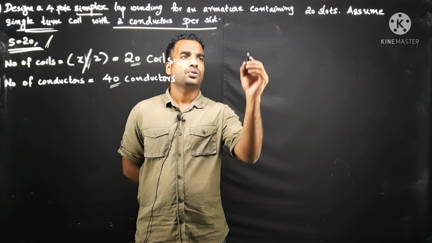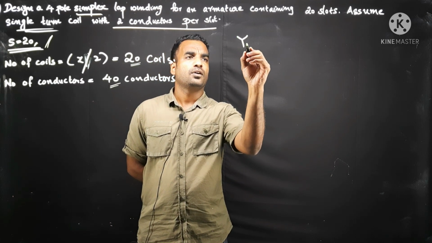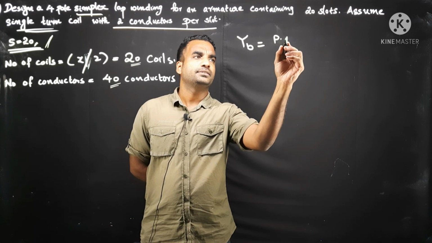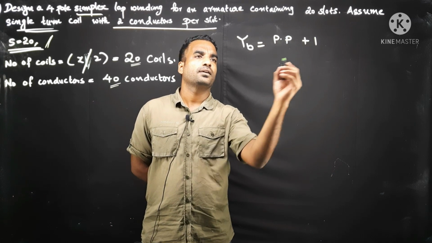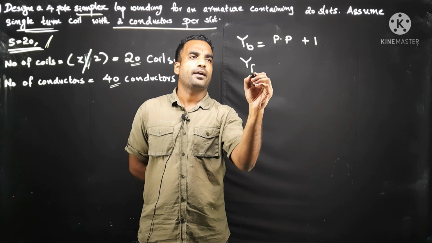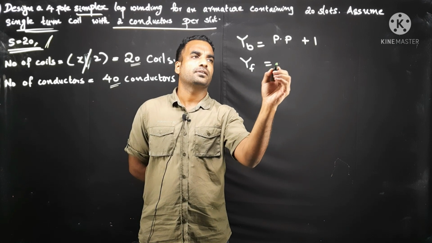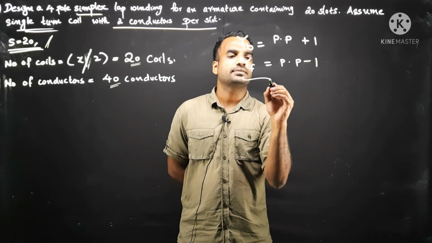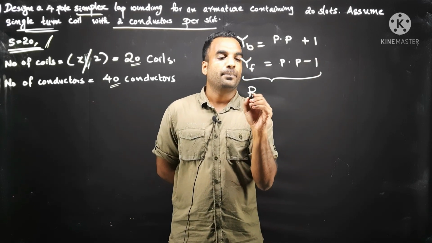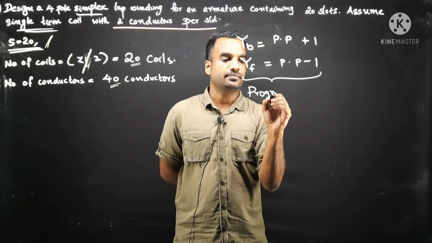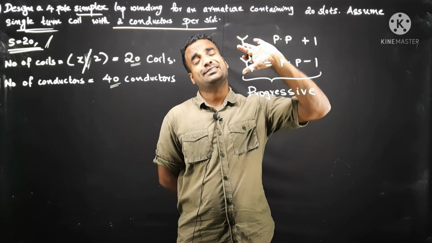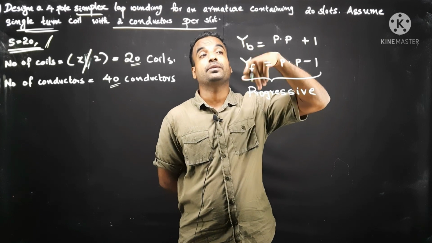Okay. So, I already told you that YB is equal to pole pitch plus 1 and YF is equal to pole pitch minus 1. This condition is applicable for progressive winding. In case of retrogressive winding, the relation will be different.